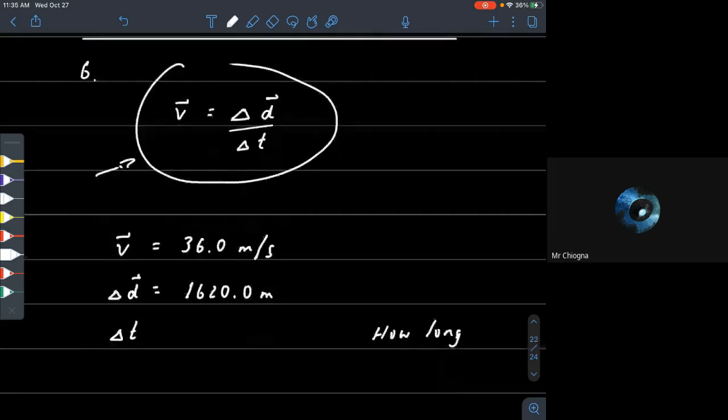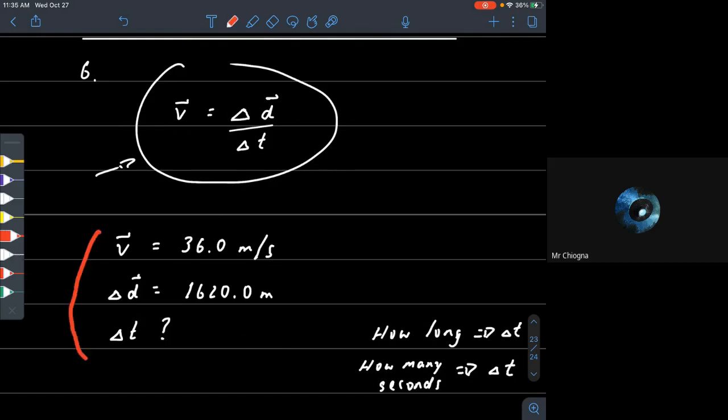How long usually implies time. How far, I just went over that previously, is displacement. How many seconds is obvious. That implies obviously time. Okay, I don't know, question mark. So that's your list. Make a list.